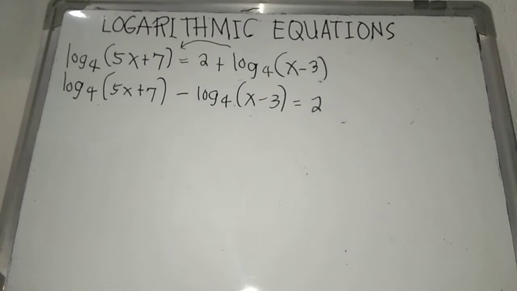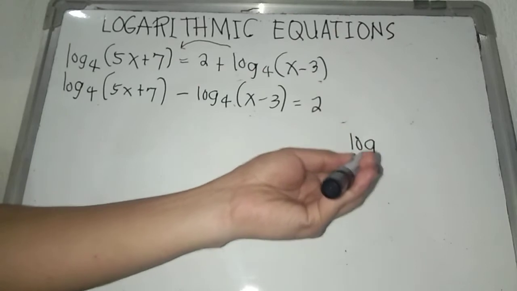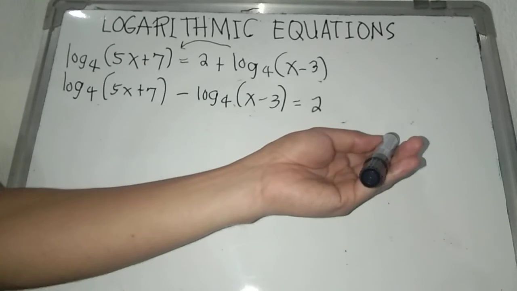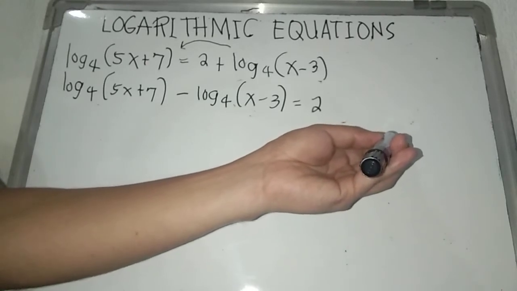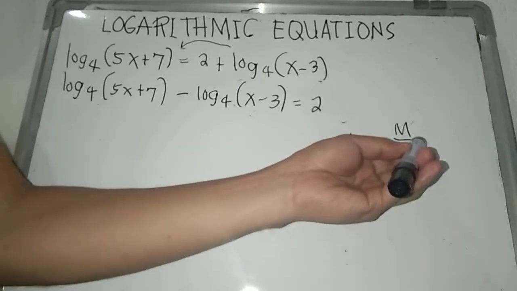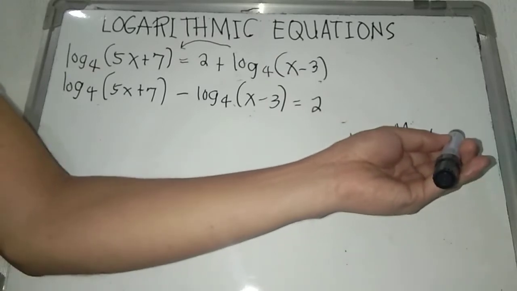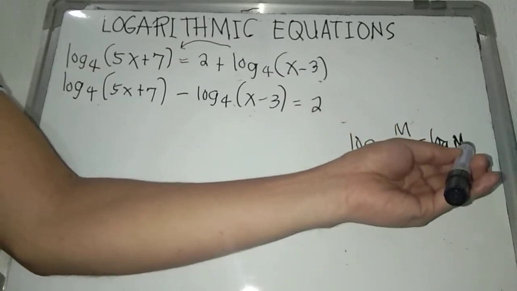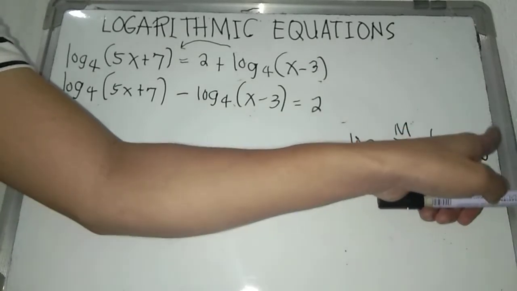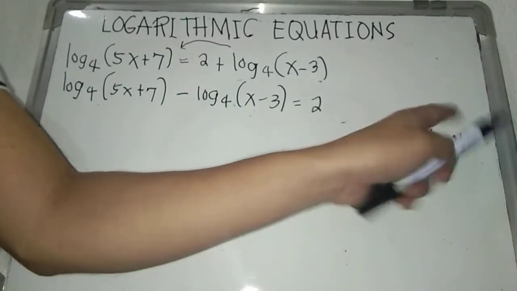One of the laws of logarithm says that if we have log with a base a of m over n, then this is just equivalent to log m minus log n.